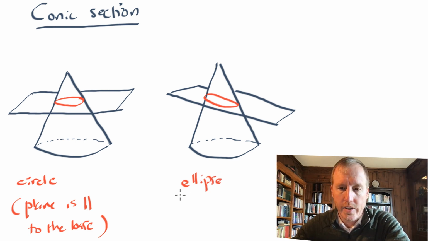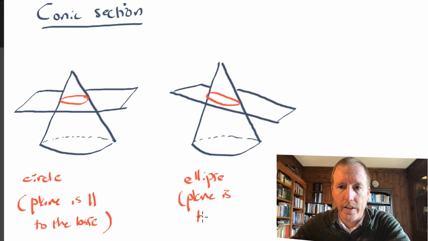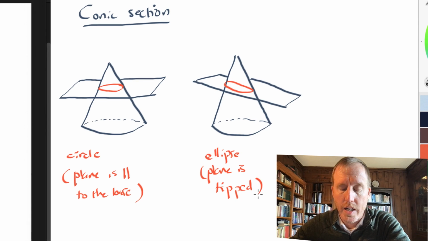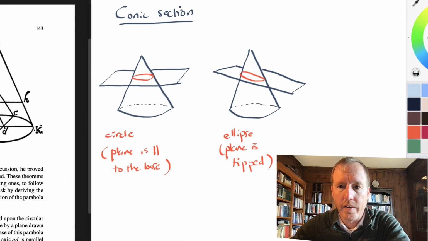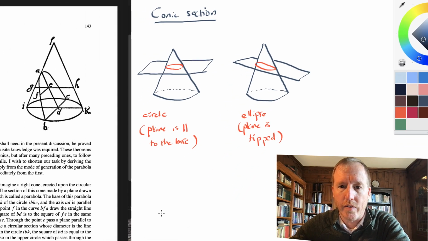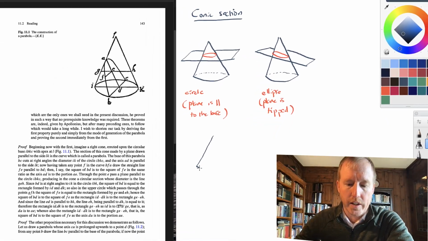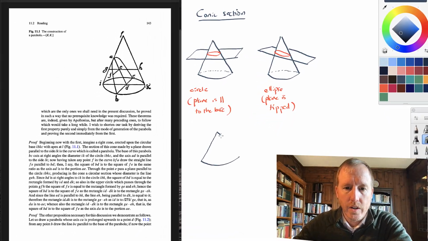And this line, you guessed it, maybe, is an ellipse. This is the second of the conic sections. And this is if the plane is tipped, roughly speaking. We'll have to qualify that a little bit in the next couple of examples. So if it's tipped, then the intersection will form an ellipse. Okay, two more to go.